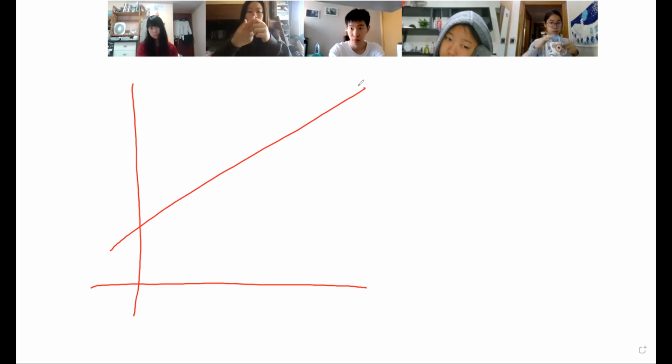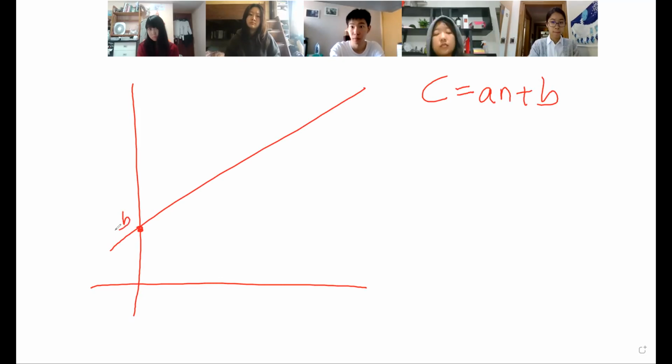And at the end, we realize our C is equal to maybe AN plus B, where B is the intercept, isn't it? And A is definitely greater than 0 because of the shape of the line.